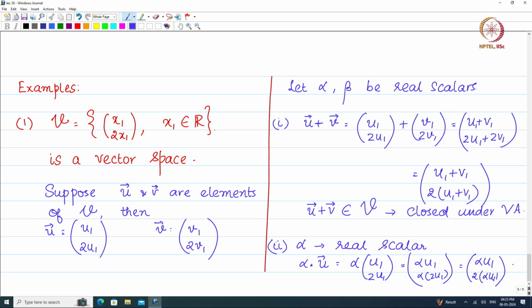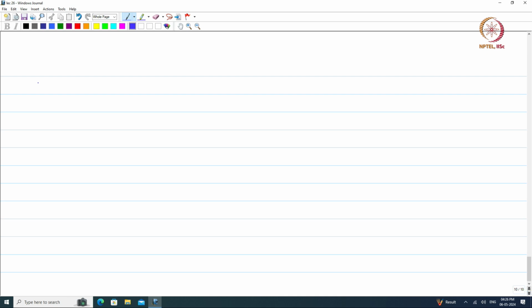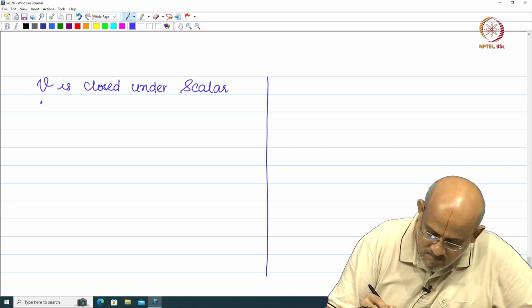Which means this is also an element of V. Therefore, V is closed under scalar multiplication.